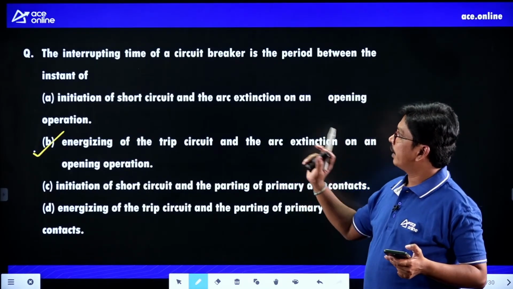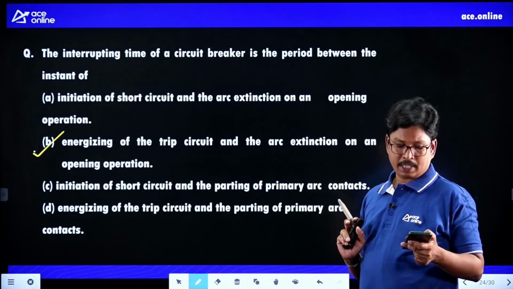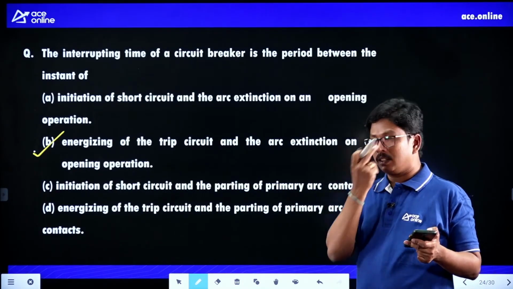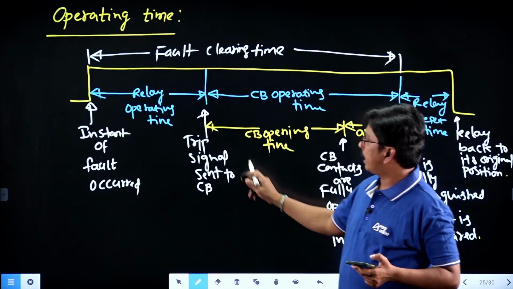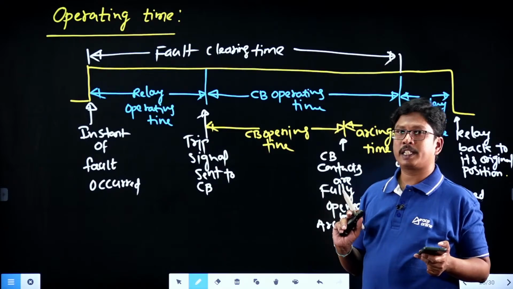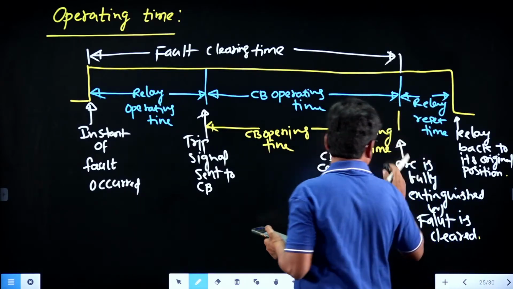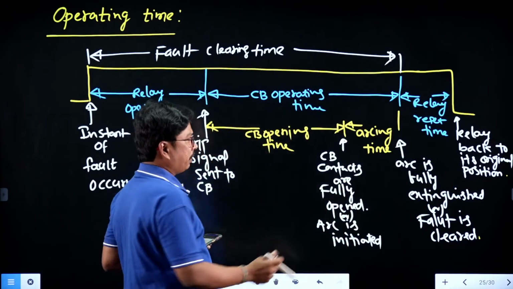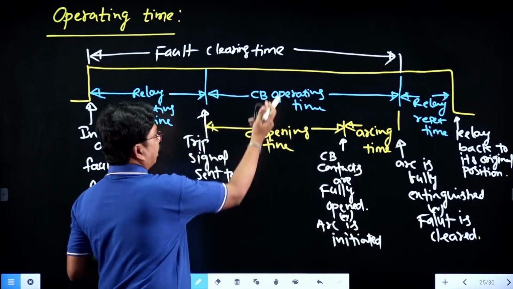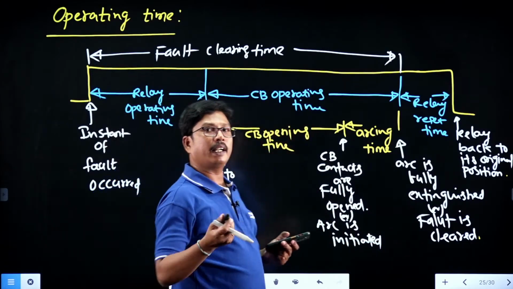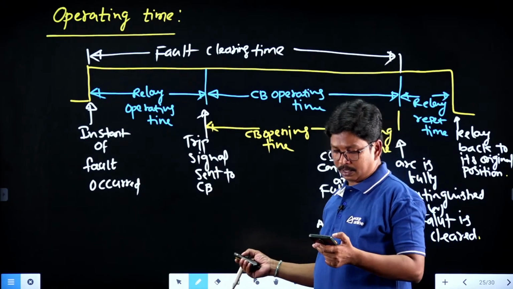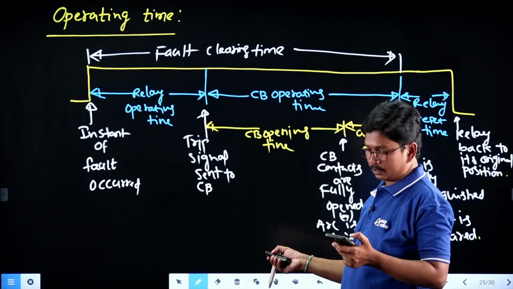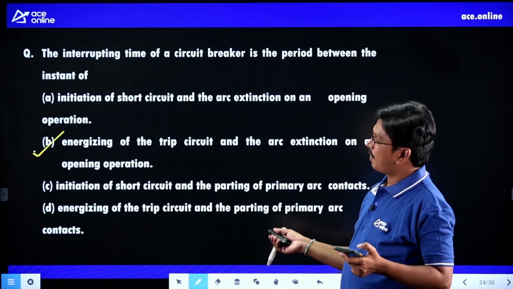That is the interrupting time. Simply you can call it as, what is that one? Just where you are getting the energizing of the trip circuit, here we are getting the energizing of the trip circuit and arc will be fully extinguished here. That is the CB operating time, that is the interrupting time of the circuit breaker, right? Very good.